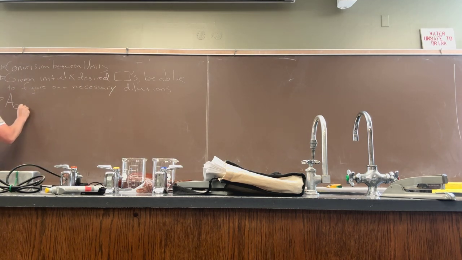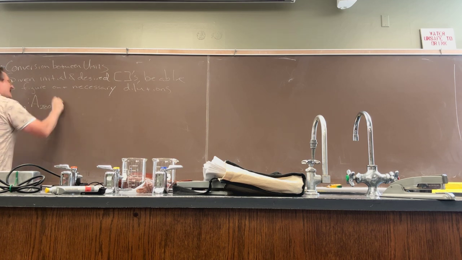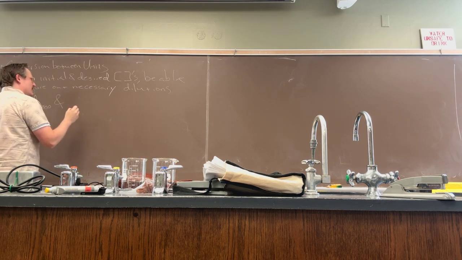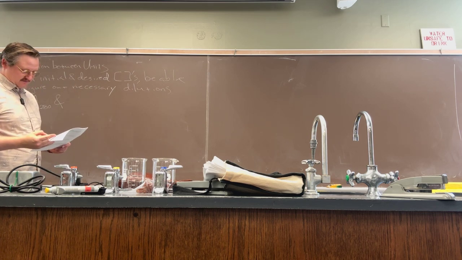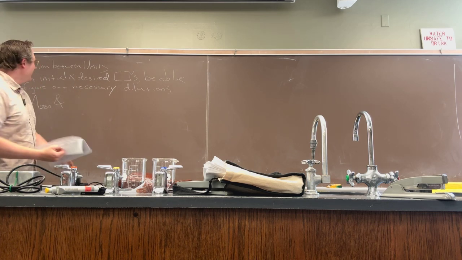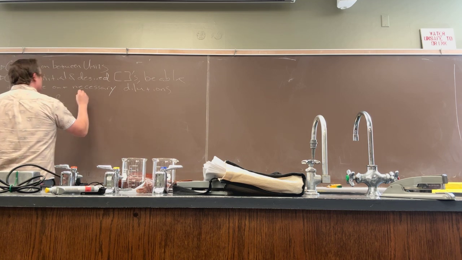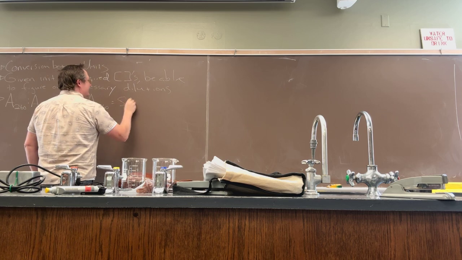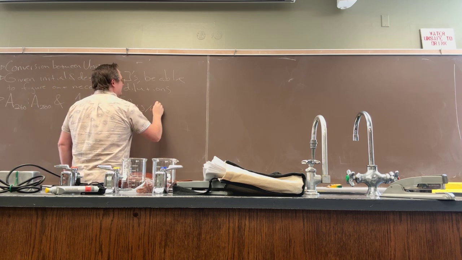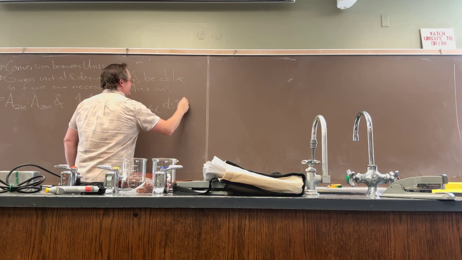You need to understand A260 to A280 ratios and the equation. 1 A260 equals 50 micrograms per milliliter double-stranded DNA.